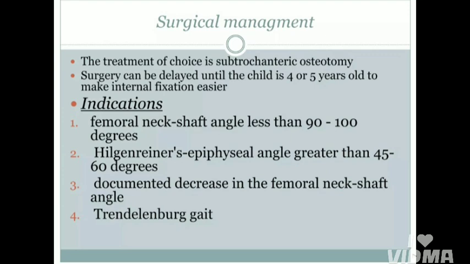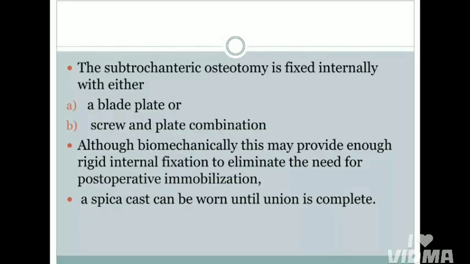The subtrochanteric osteotomy is fixed internally with either a blade plate or screw and plate combination, although biomechanically this may provide enough rigid internal fixation to eliminate the need for post-operative immobilization.